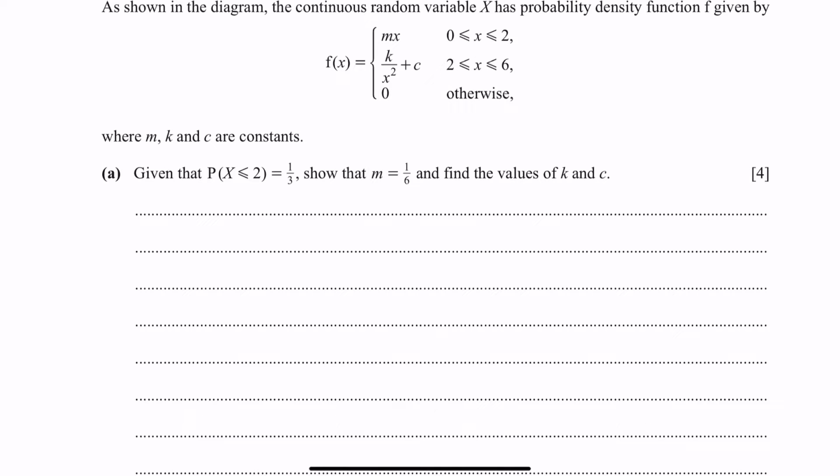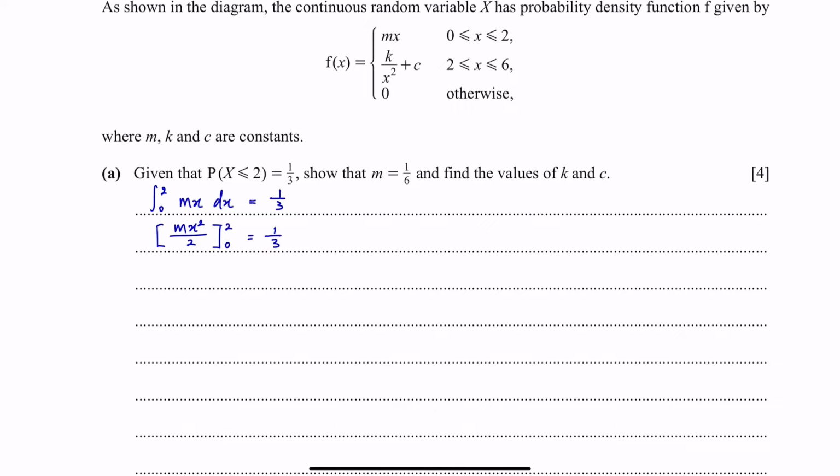So we can integrate the PDF graph for mx. So we have 0 to 2, and we integrate mx, we would get 1 over 3. So we would get mx squared over 2 equals to 1 over 3.